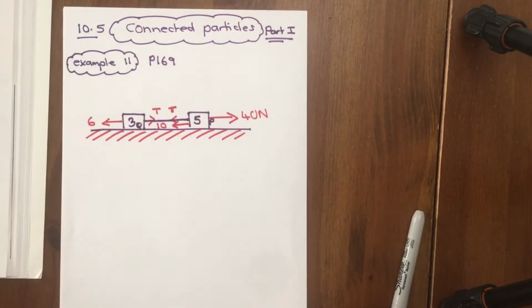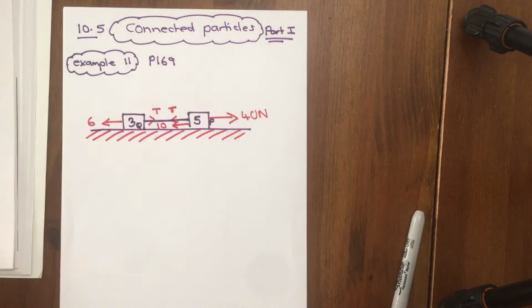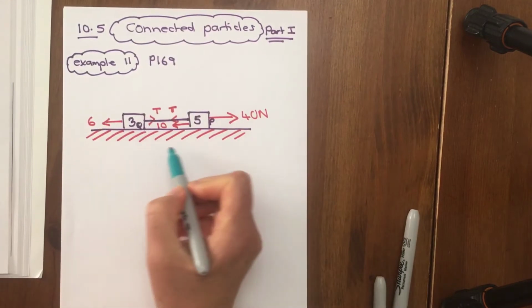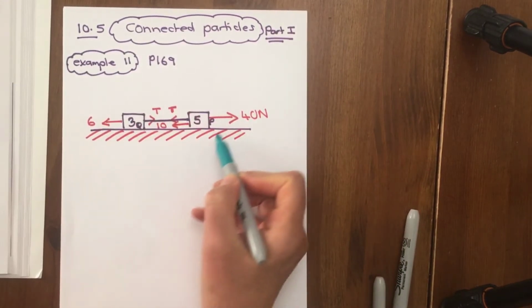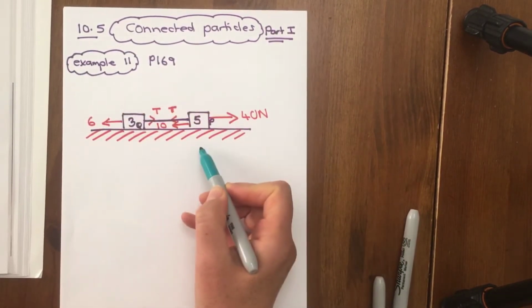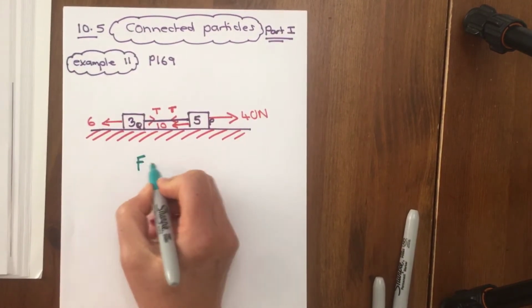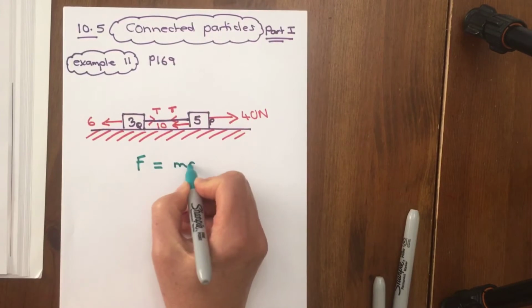So I want to, first of all, find the acceleration a. Now what I'm going to do is think of this as one complete particle. So I'm going to use F equals ma.